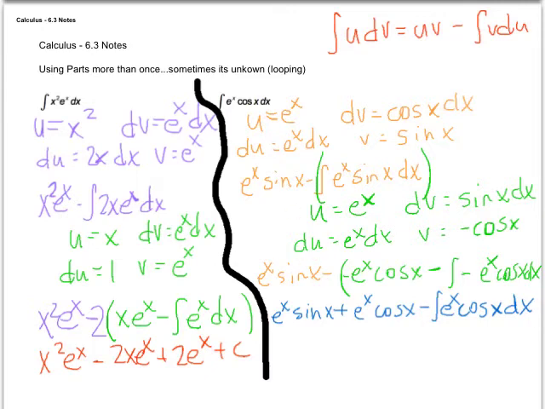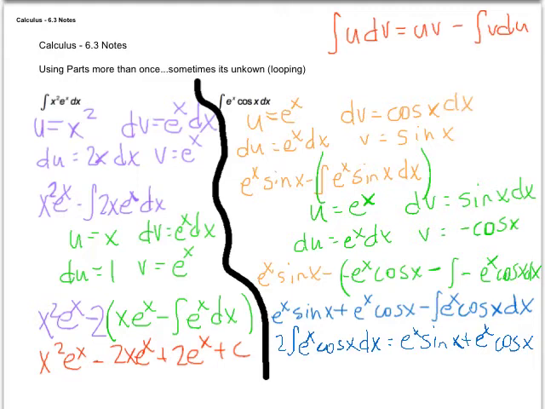So what I'm going to do is add the integral of e to the x cosine x dx to both sides of that equation. So I'm getting low on space here. So what happens is I get 2, because I'm adding one of each, 2 times the integral of e to the x cosine x dx equals e to the x sine x plus e to the x cosine x.